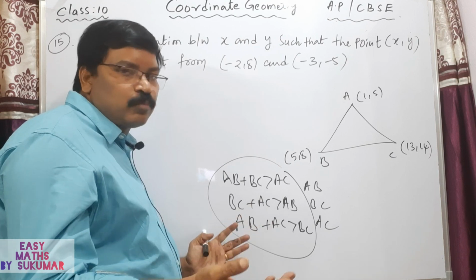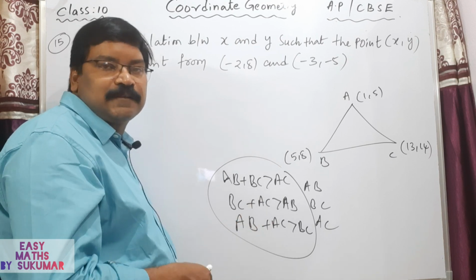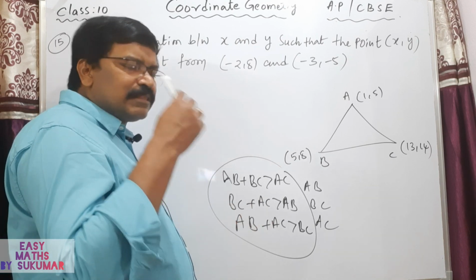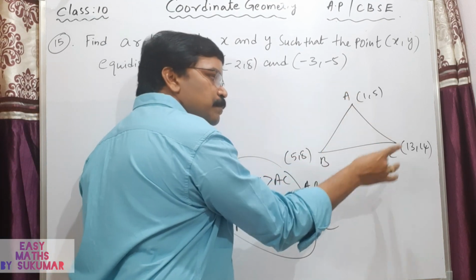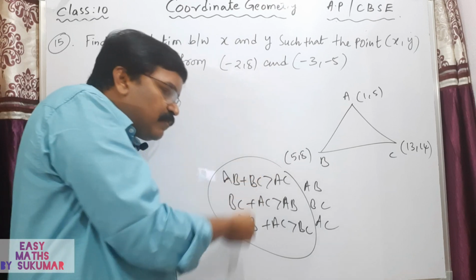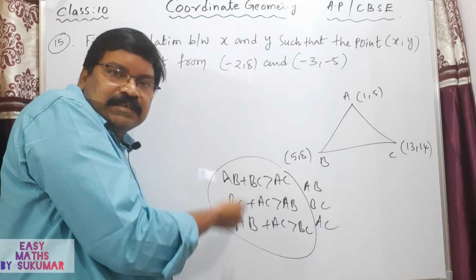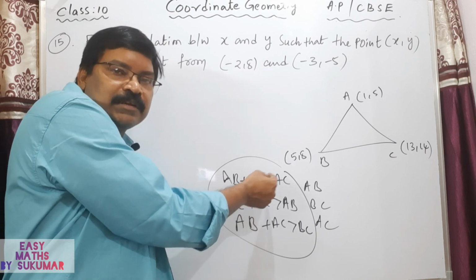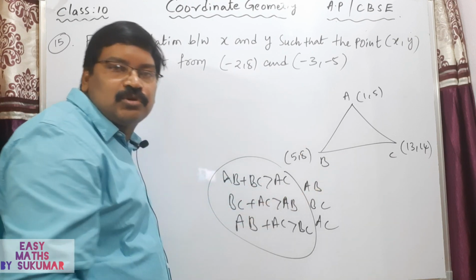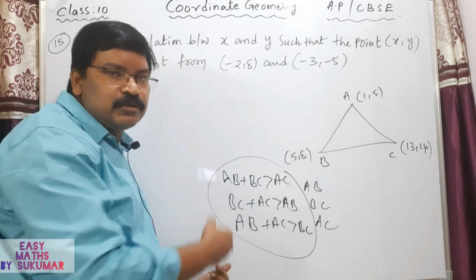Otherwise, it is not possible to construct a triangle. Understood, students? Simply find the distance between AB, BC and AC and verify these inequalities. That means the sum of any two sides must be greater than the third side. Can you do this, students?